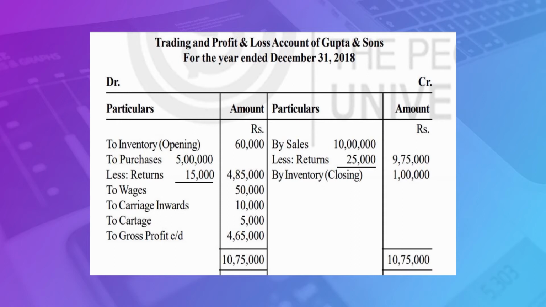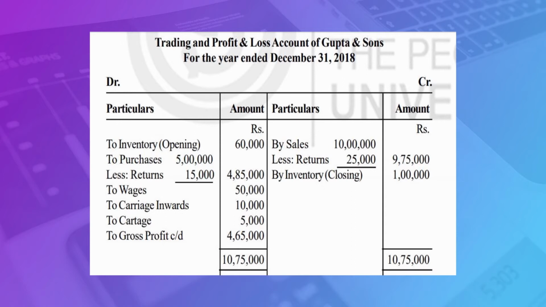So, dear learners, we have discussed in the previous lecture that generally at the top of the trading account on the debit side we write opening stock. Opening stock is given in the trial balance, that is 60,000. We can check, yes, this is the opening stock 60,000.